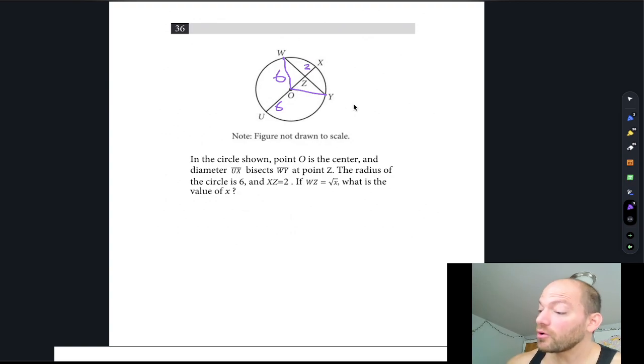Now I know what you're thinking. Well, how do we know it's a right triangle? Well, there are ways to know, but I'd rather focus on this way of looking at it.